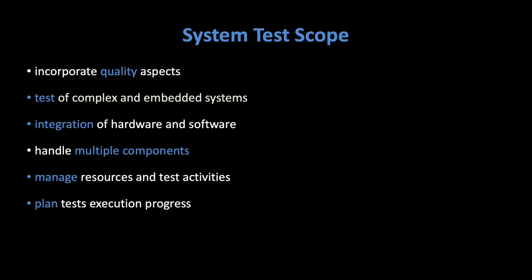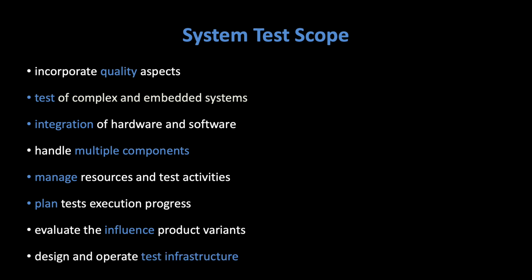Of course, you have to plan the test execution. You have to evaluate the influence of product variants or other factors of the product that influence quality. You have to set up, so design and operate the test infrastructure where you execute the tests.